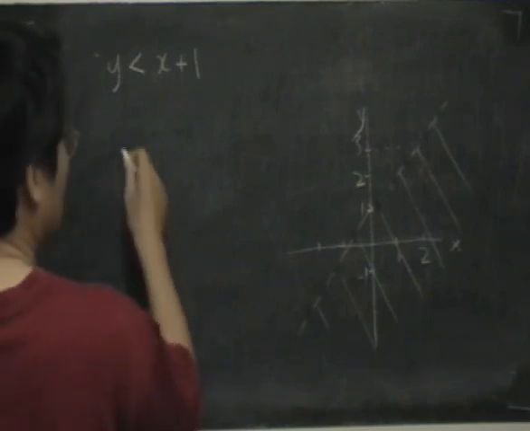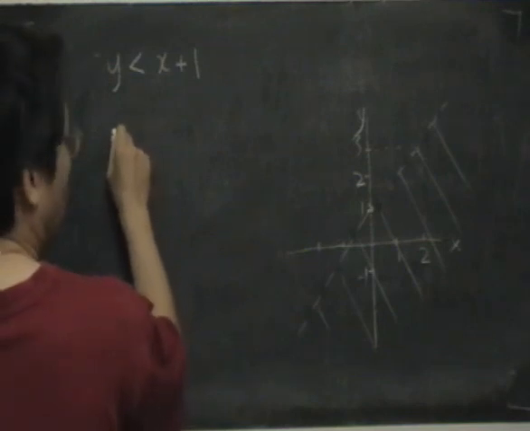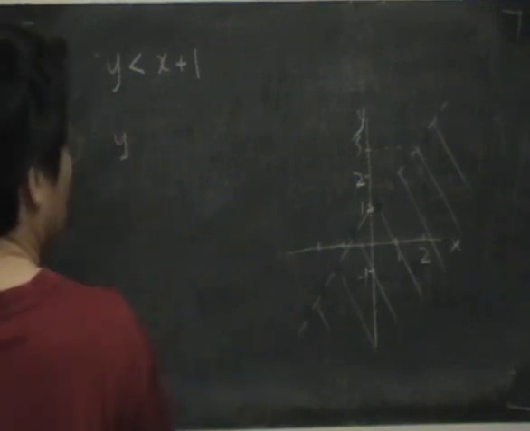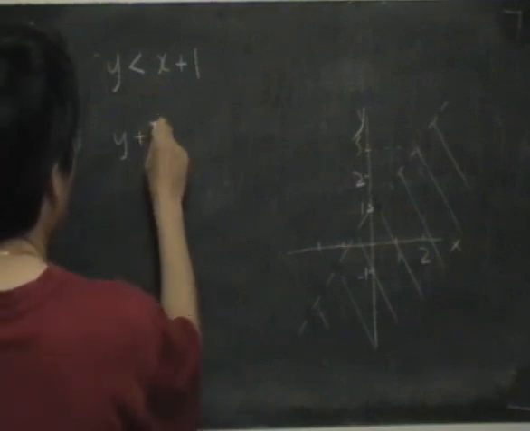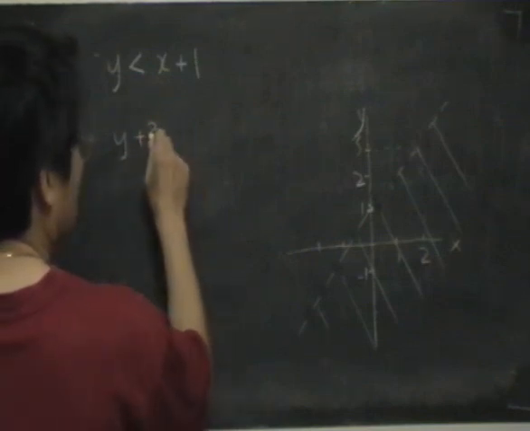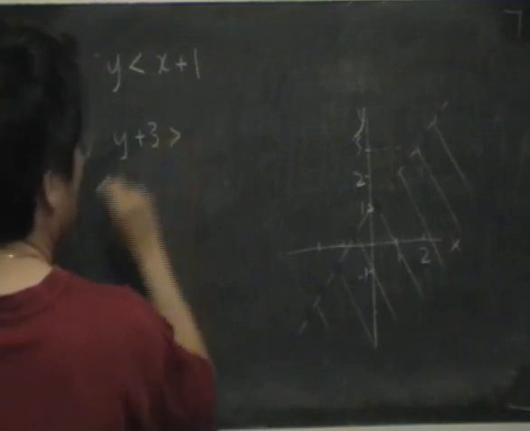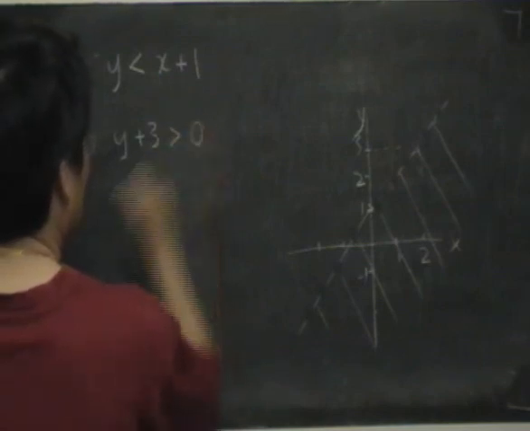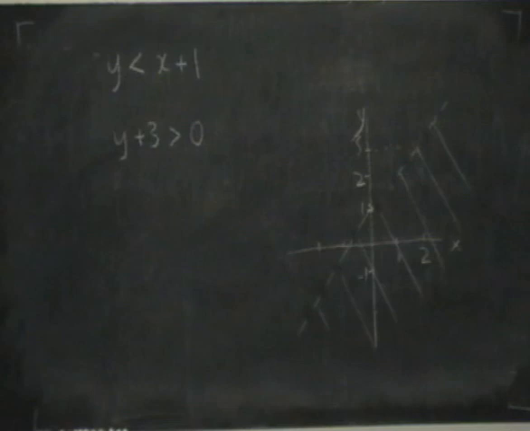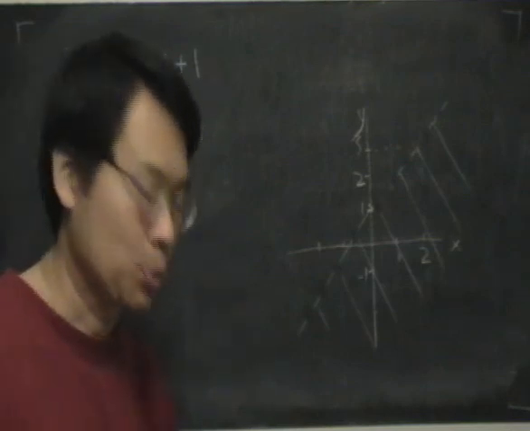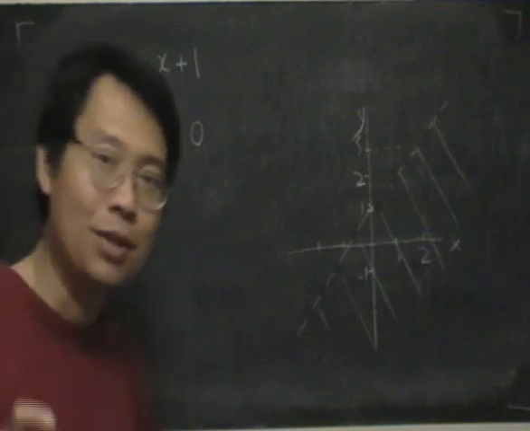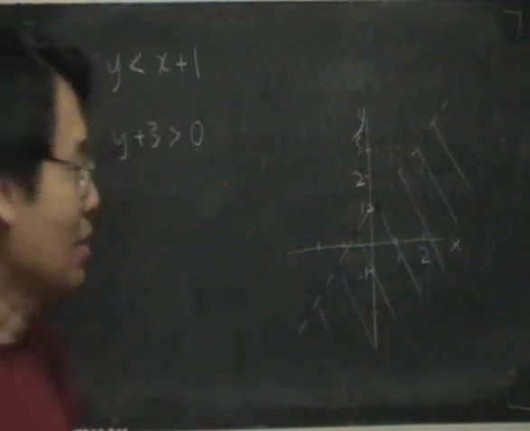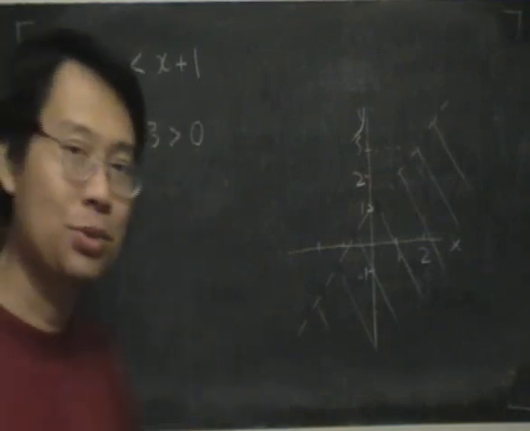Now this other inequality looks like this: y plus 3 is more than 0. Y plus 3 is more than 0. Now this time, in fact, we only have one symbol, y plus 3.